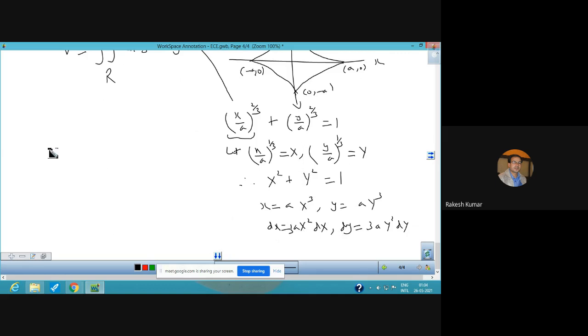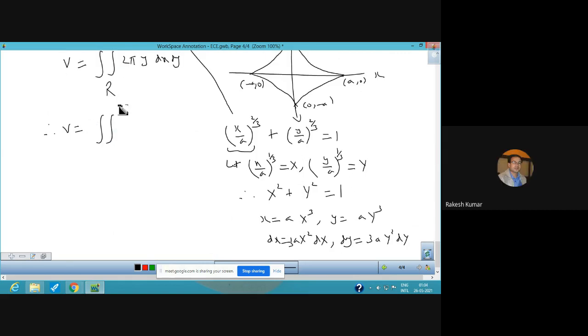So therefore, the volume, after putting the values, is 2 pi, the value of y is a capital Y cube, into dx is 3a X square dX, into 3a Y square dY.